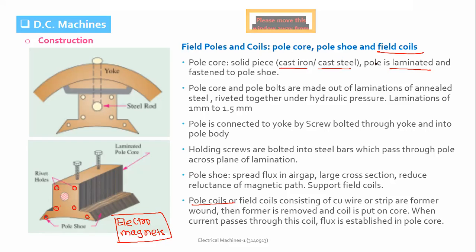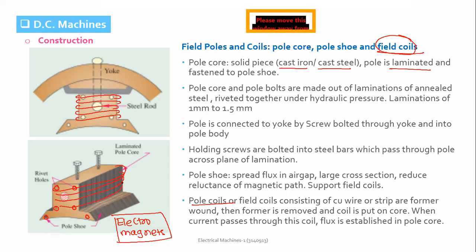Exactly, we have to wind a coil over the electromagnet, and then we have to pass current through the coil, and that is the field coil. Why do we require field coils here? So what do we do here? We wind the coil over the poles, so the coils are wound like this over the poles.